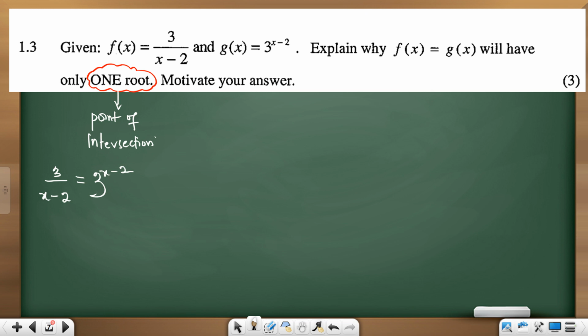I should cross multiply, right? Remember, this is 3 to the power of x minus 2. So what would I have? What would you have? 3 would be equal to 3 to the power of x minus 2 times 3.